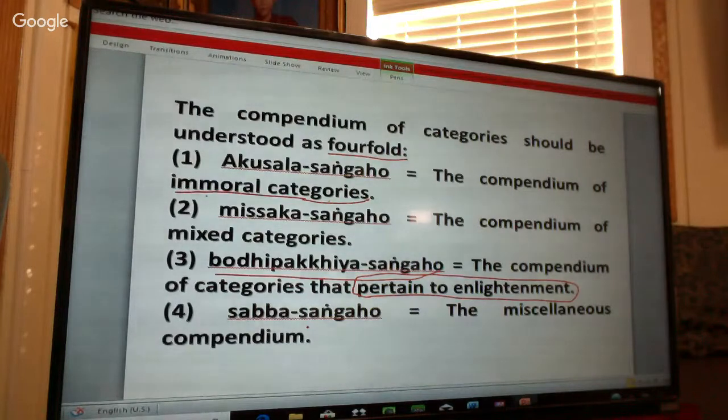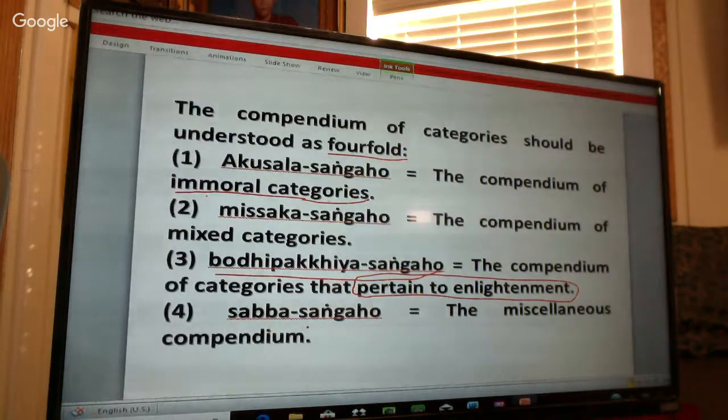But Sabba is all, no remaining, covering all kinds. Missaka Sangaha is not all, but a mix of different things. We need to understand it like that.